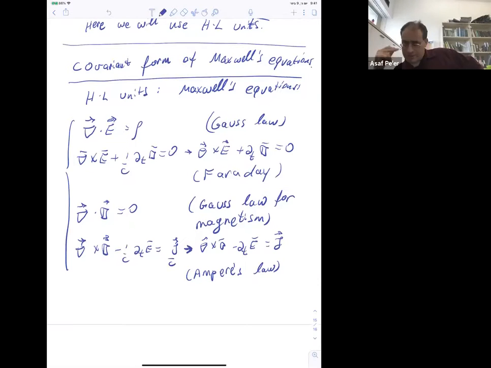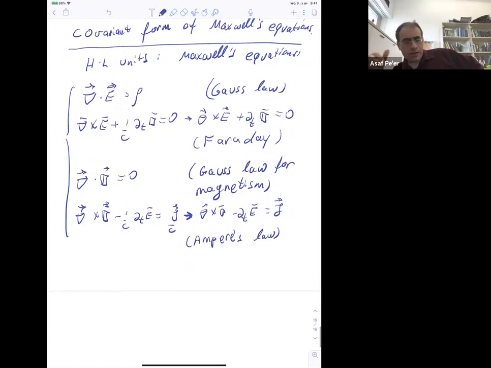Okay, now in order to do it properly, I need to say some more things about special relativity, which I did not do really, because I didn't think I was going to need it, but now I think I actually do. And that is to have a slightly better definition of what a vector is.